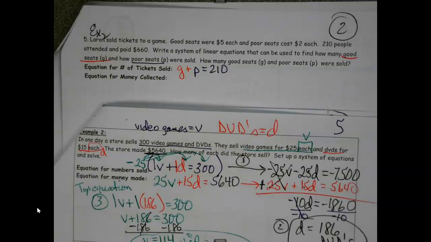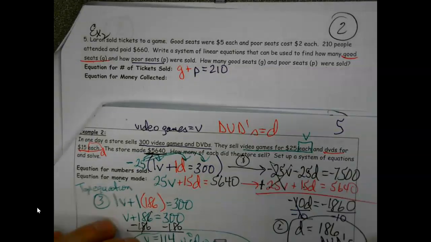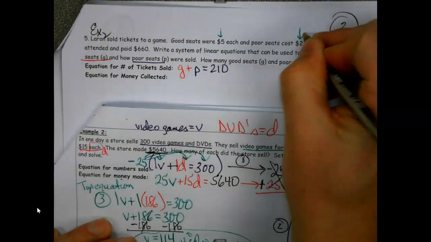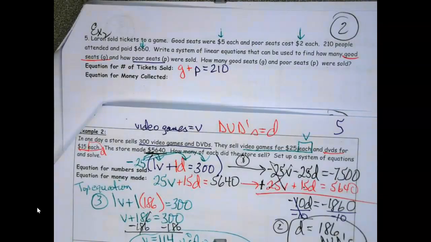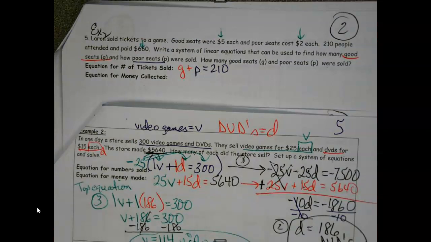So 5 has a dollar sign, so I want to use that in the money equation. 2 has a dollar sign, I want to use that in the money equation. 210 doesn't. That's why that's going here. 660 has a dollar sign. All the things with dollar signs are going to go together in whatever equation that is.